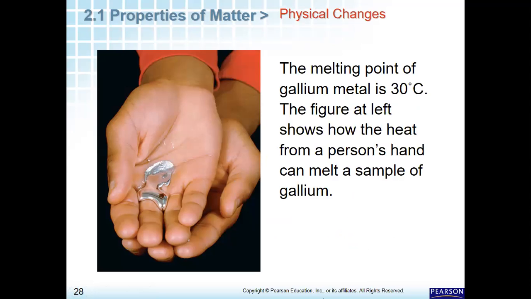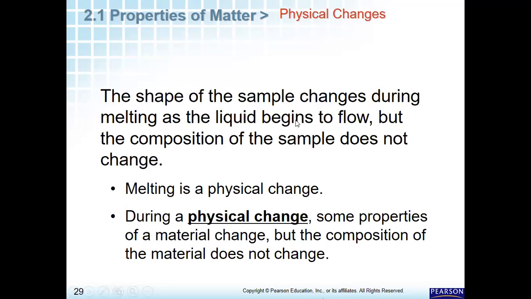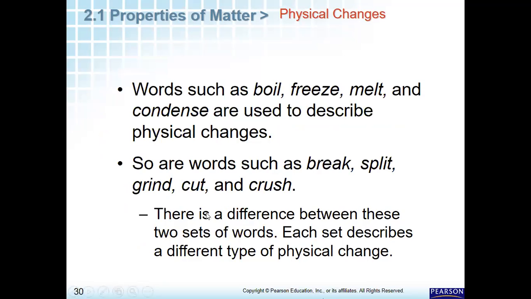If you hold it in your hand, only your body temperature can melt it. So with melting or evaporating, you can melt something and get it back to solid by freezing, or you can evaporate something and get it condensed into liquid again. That physical change, guys, or property, we call reversible.